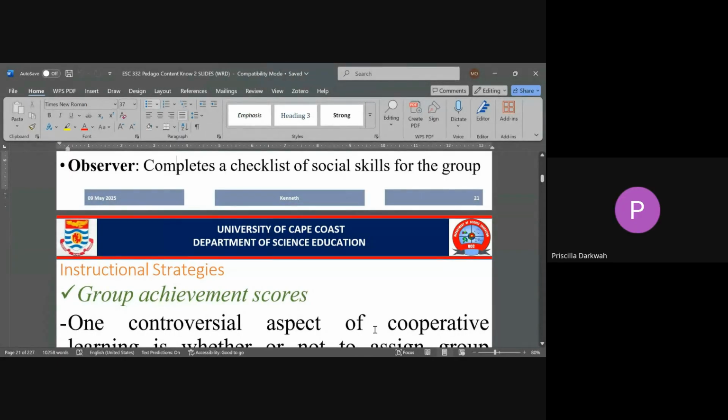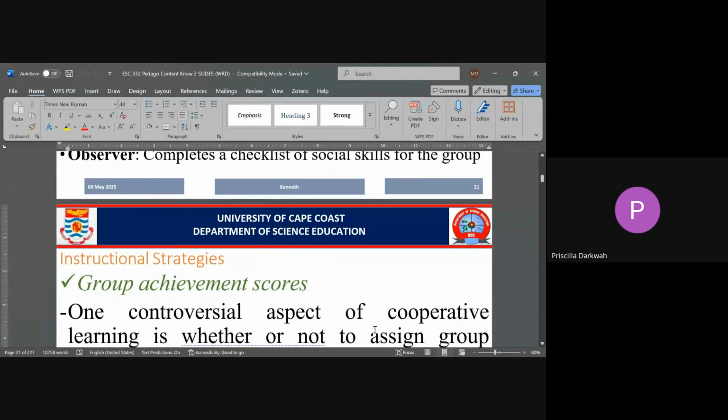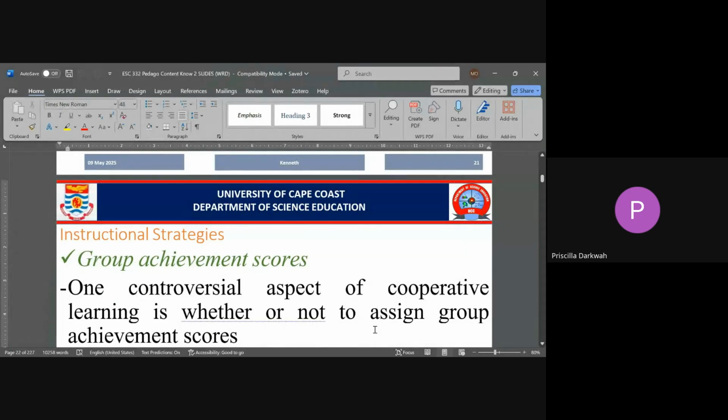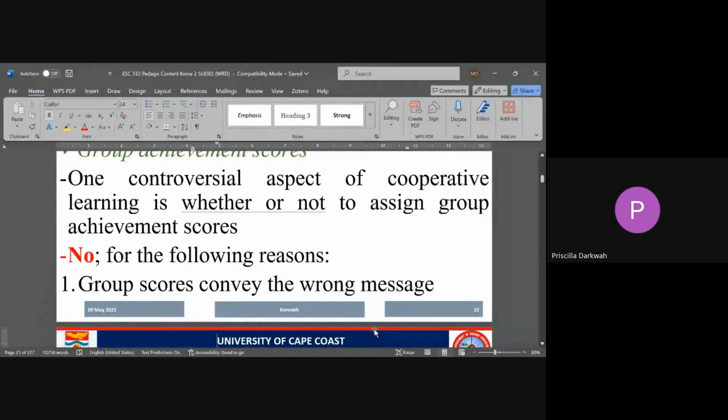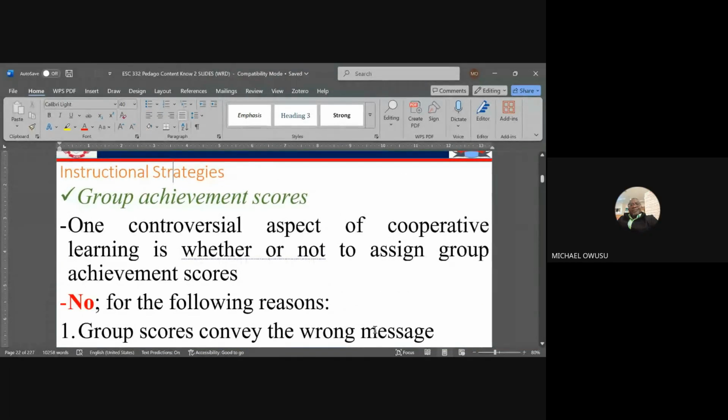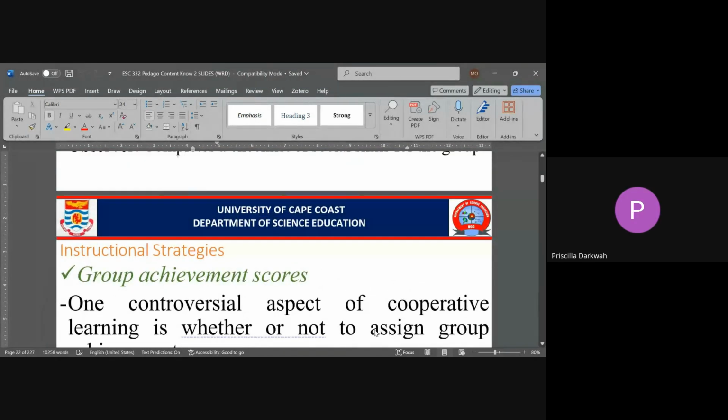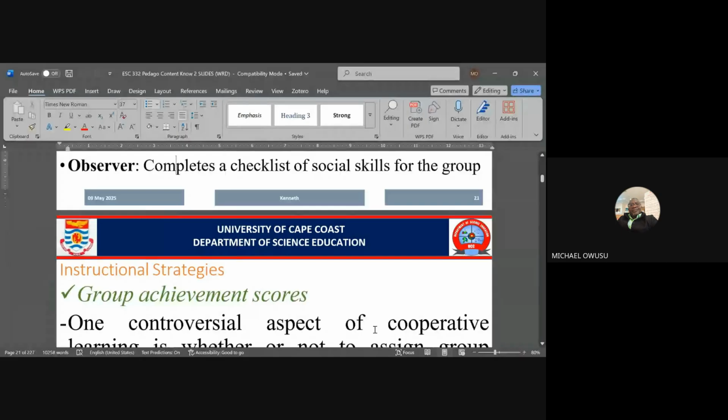Again, it also controls the group, in the sense that since they know you are apportioning marks or scores to them, they tend not to misbehave in the group. Okay, that's good.